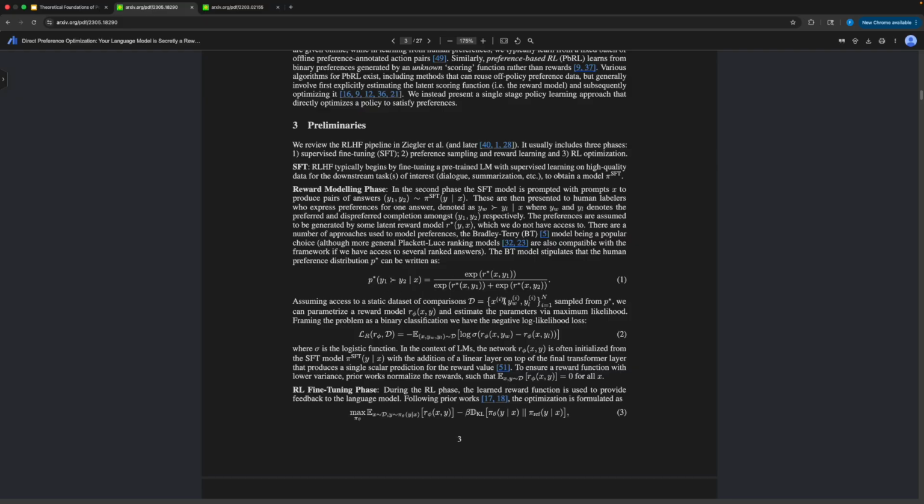If we sample from this dataset, this term is just the log of sigmoid of the reward of y1 minus the reward of y2. So we want to minimize the negative log probability of that in expectation. The loss for training the reward model becomes minus the expected log sigmoid of the difference of the rewards, where this comes from the training dataset of the reward model.